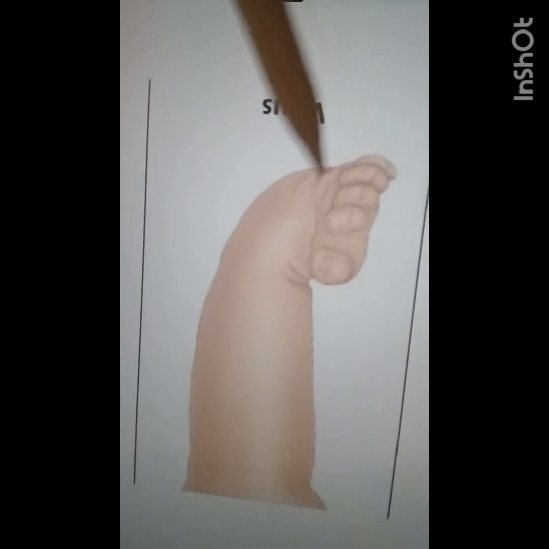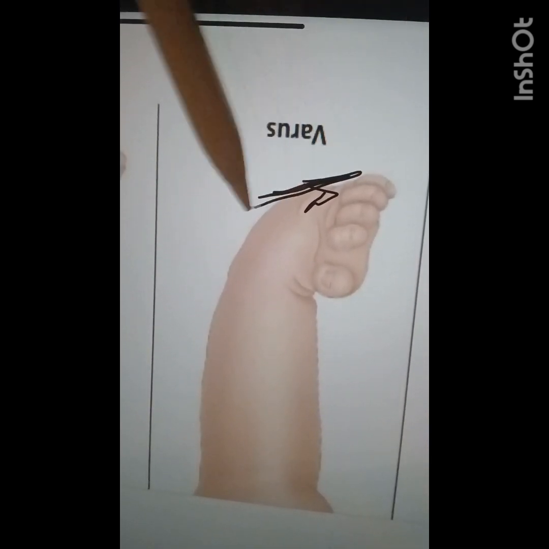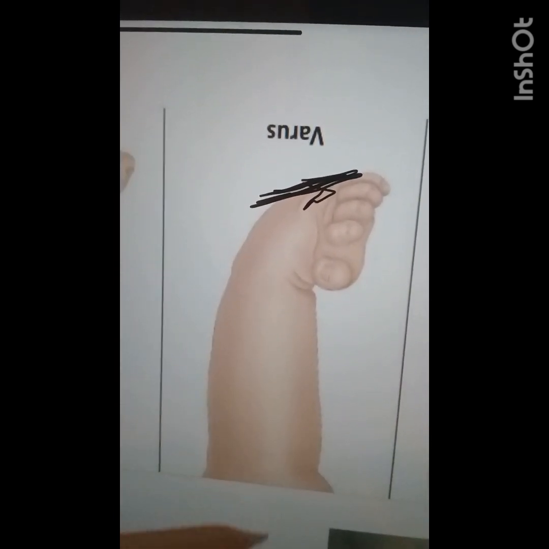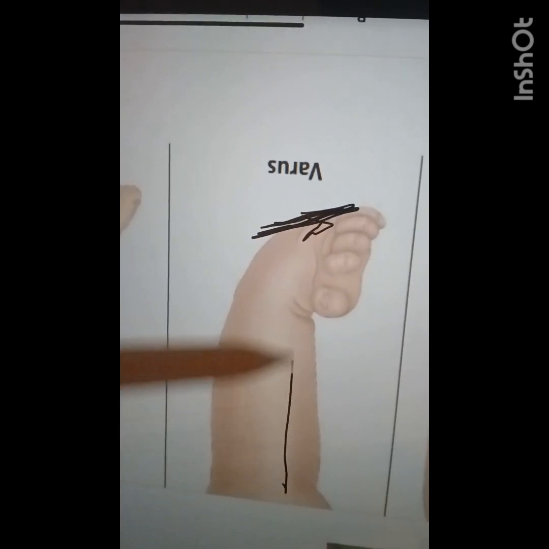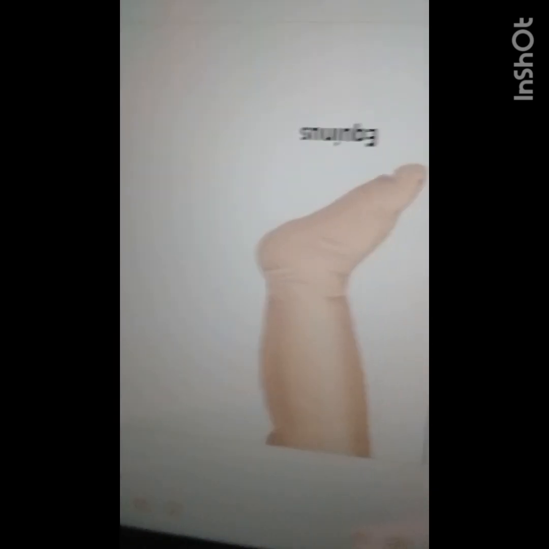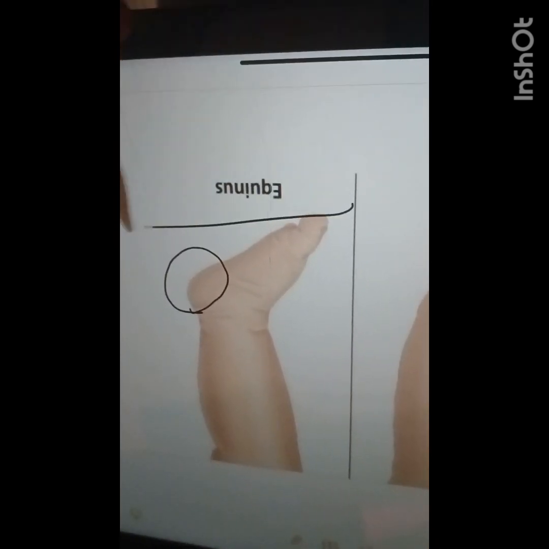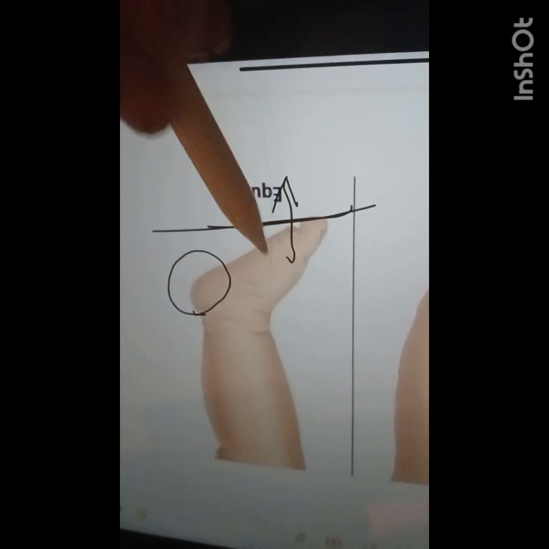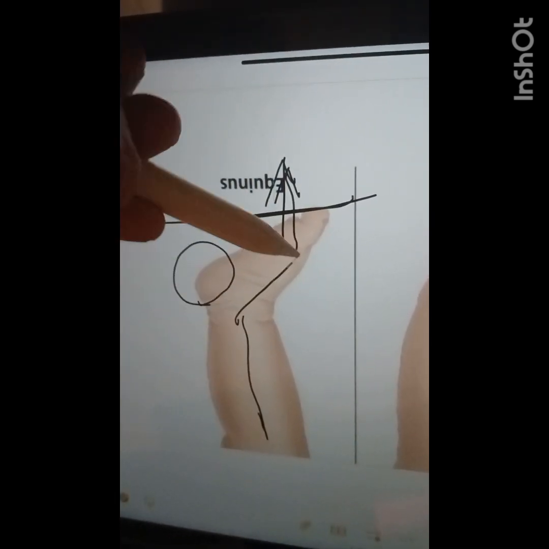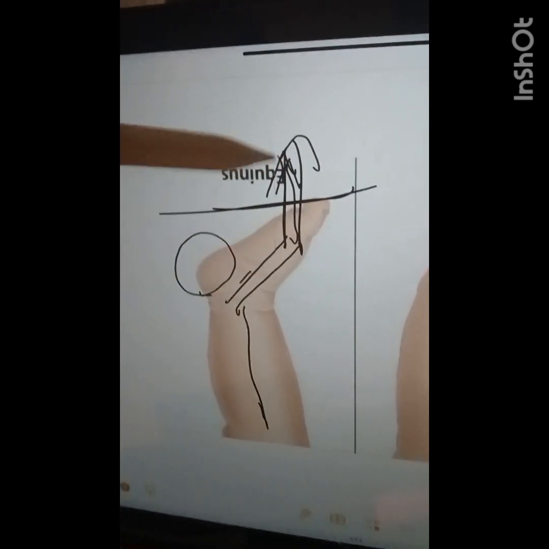In this case, the person walks on this area, the weight transmits like this. This is talipes equinus, like a horse. The calcaneum is above the ground. The person walks and the weight is distributed like this.